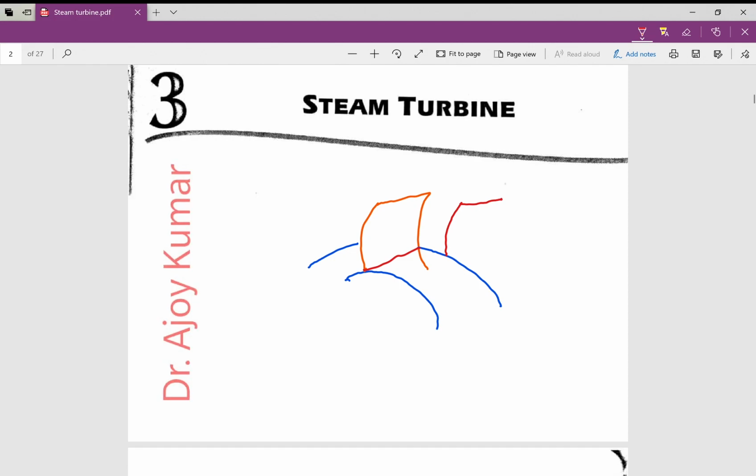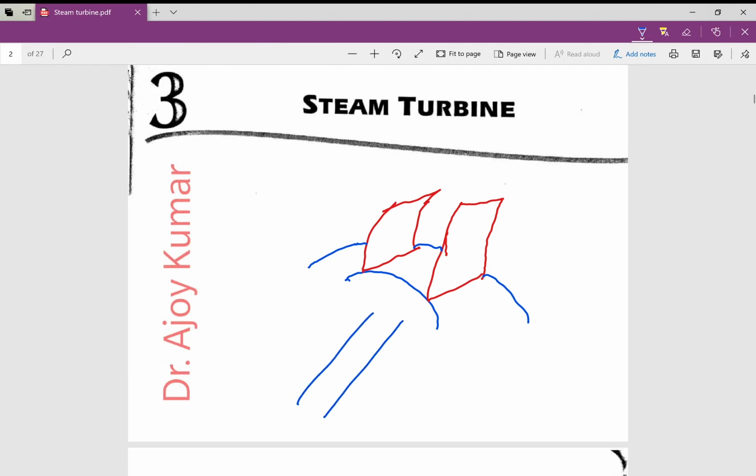Let's say it's like this. This is a wheel shaft.